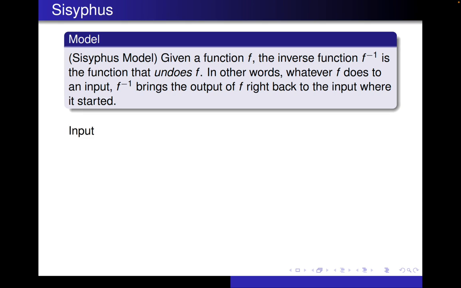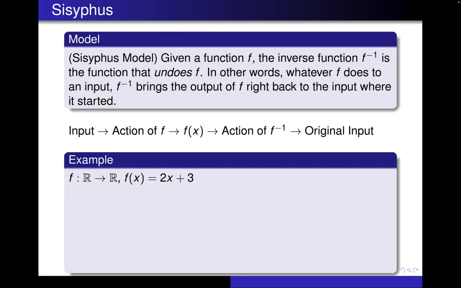So if you want to see how that looks with our action model, we start with an input, we do some action of f, then with whatever that is, we get f of x. Then we take that f of x, we do the action of f inverse, and that brings us back to our original input.